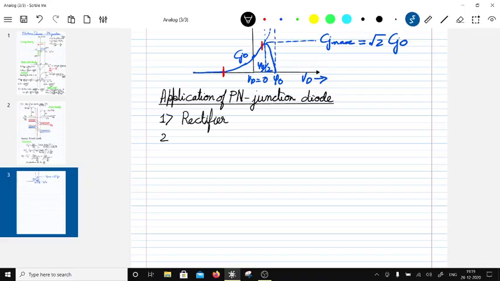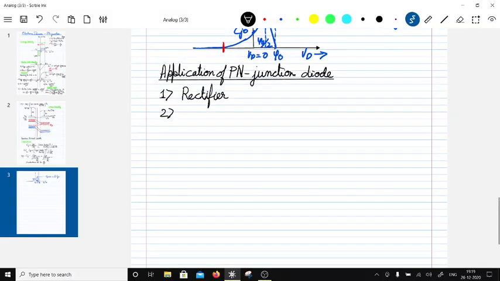The second thing is that a reverse bias diode is used for isolation of devices from the substrate. Usually the devices sit in a well, and the well is nothing but a p-n junction to the bulk. So let's take an example. Let's consider an n-well process.